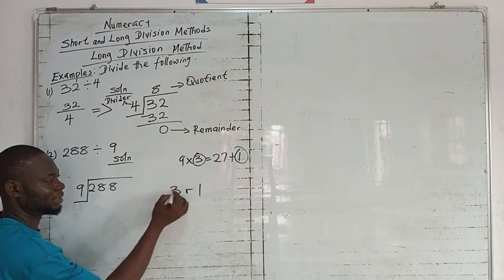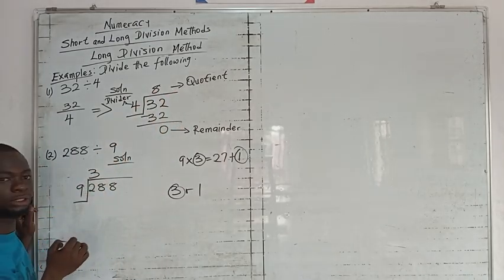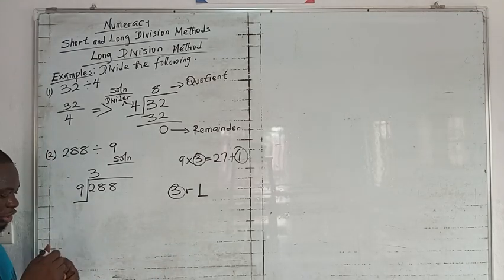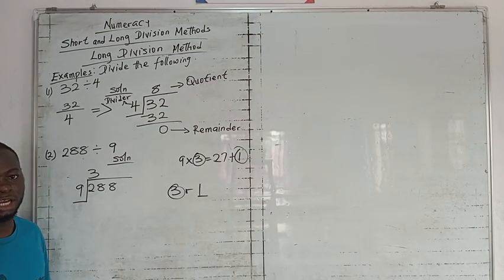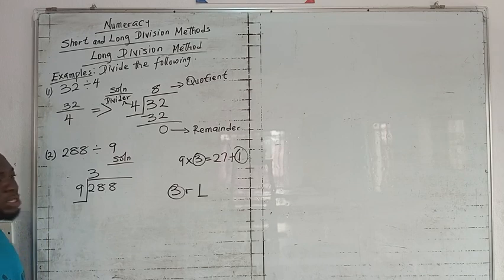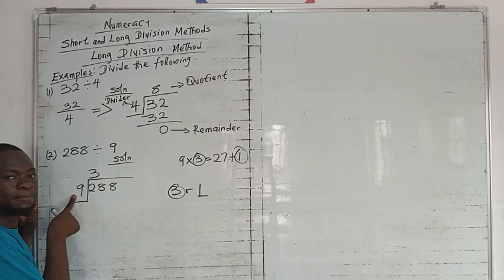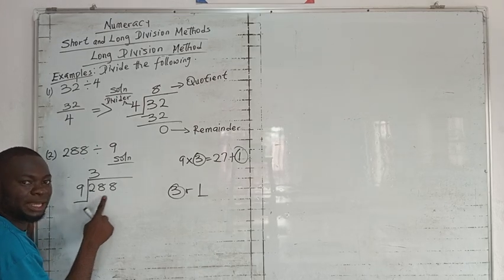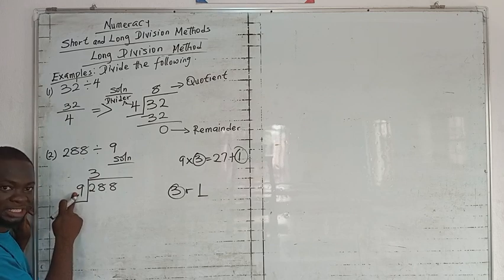We remember that 3 is always our quotient. So we write out our quotient 3 and do away with the remainder. We don't need it. So we can always say we throw the remainder into the trash can. Okay? Then what's the next thing to do? We use our quotient to multiply the divider and take away from the number we divided. So let's go. So we have 3 times 9, 27.